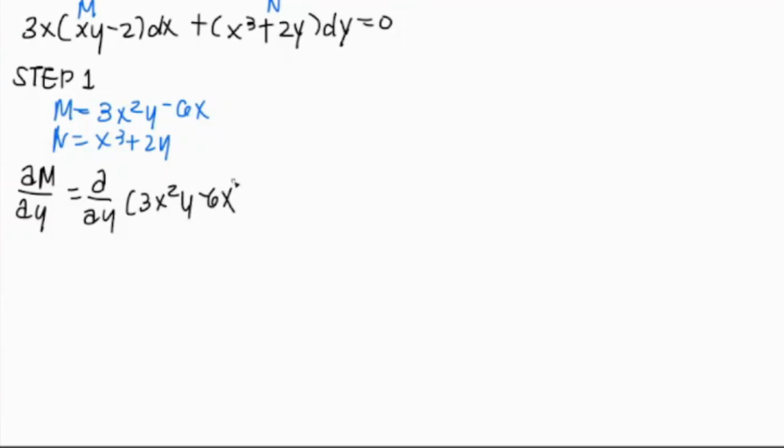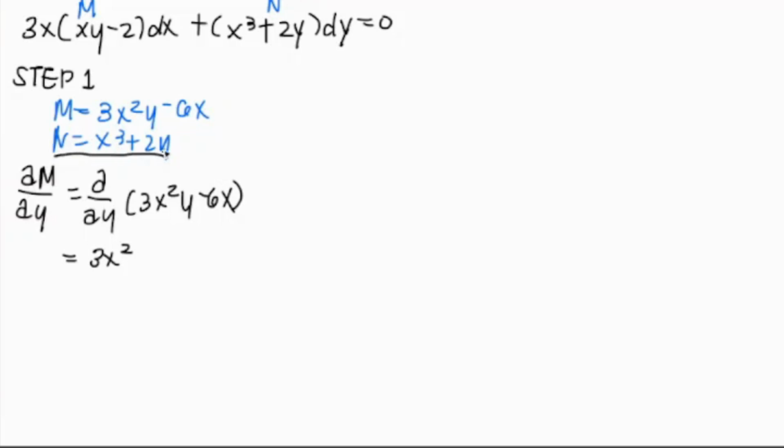Ang x dito, since mag-differentiate tayo in terms of y, x will be considered as a constant. So, 3x squared, y is just 1, so wag na natin isulat. Then negative 6x, since mag-differentiate tayo in terms of y, this will be a constant. Therefore, differentiation of a constant is just 0.